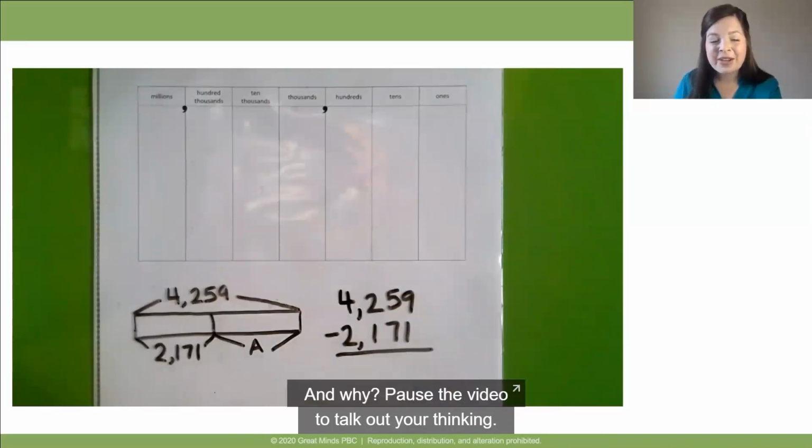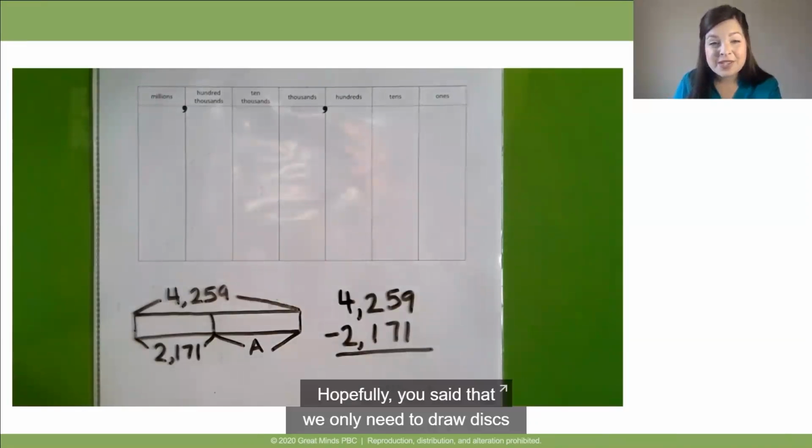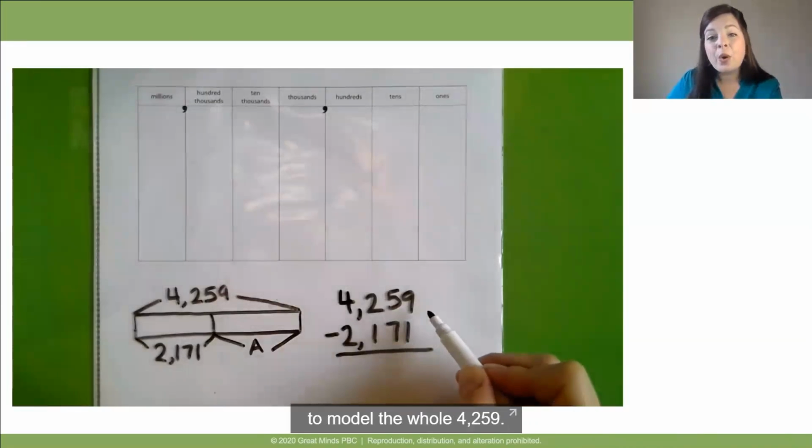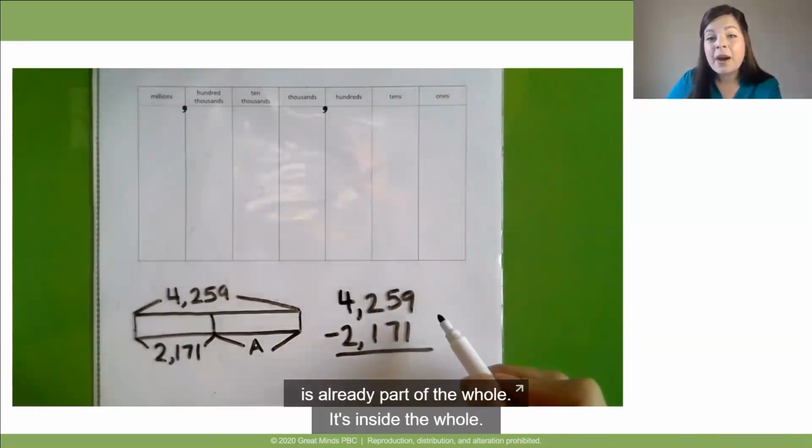Pause the video to talk out your thinking. Hopefully you said that we only need to draw disks to model the whole, 4,259. The part, 2,171, is already part of the whole. It's inside the whole.